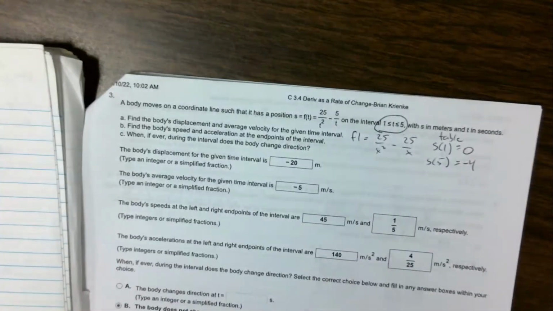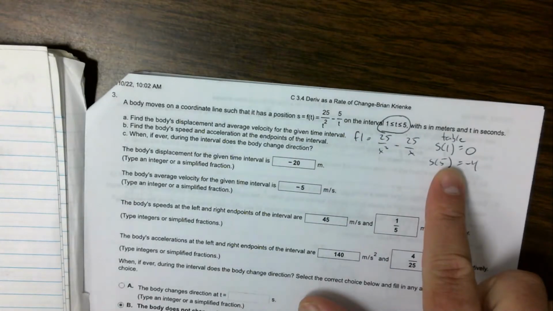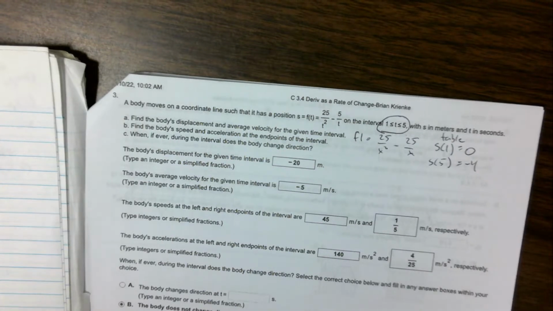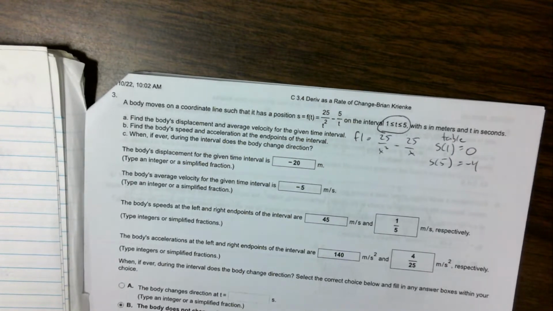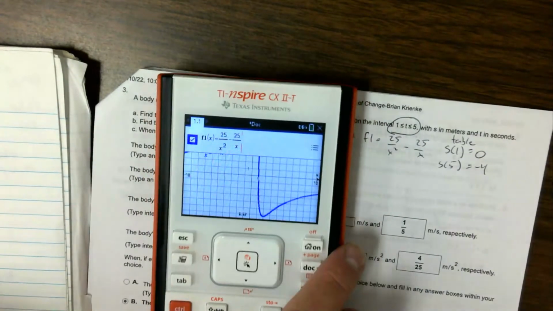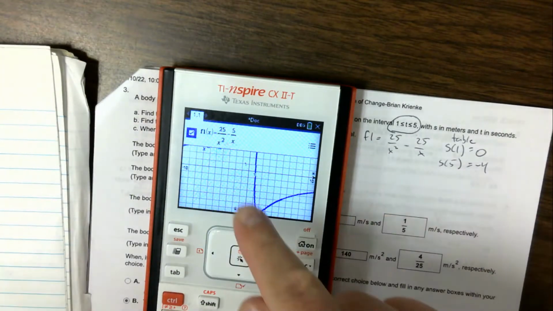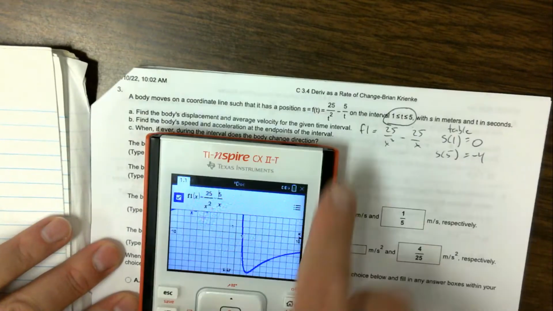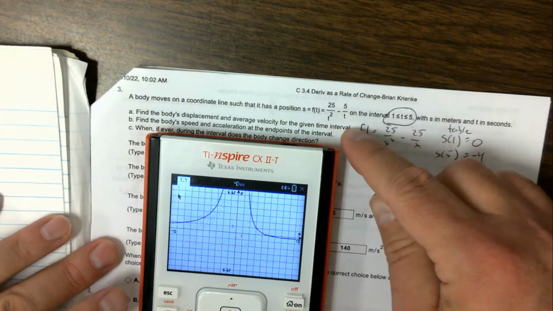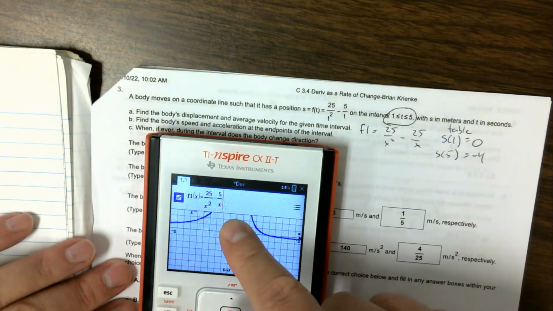Okay, so as we were saying, if you use your table for these, you get 0 and you get -4. But what I just noticed, because I was doing this real fast before the bell, is this one should have just been 5 over x. So 25 over x squared minus 5 over x. So that's correct now.